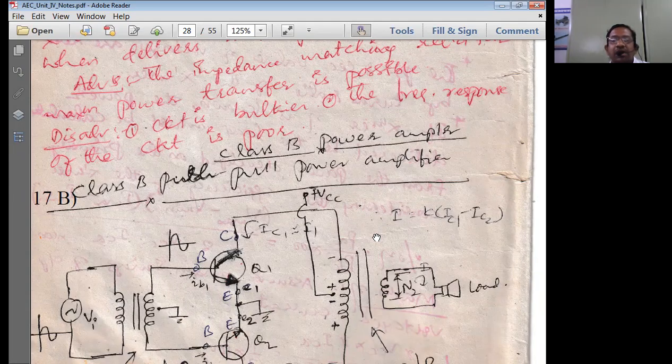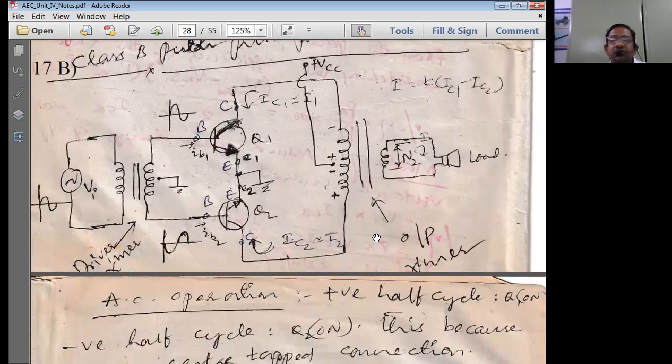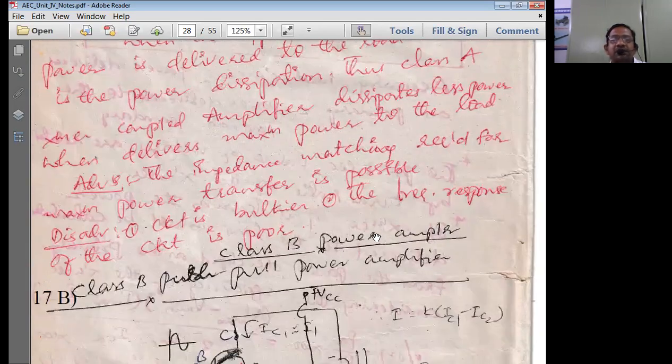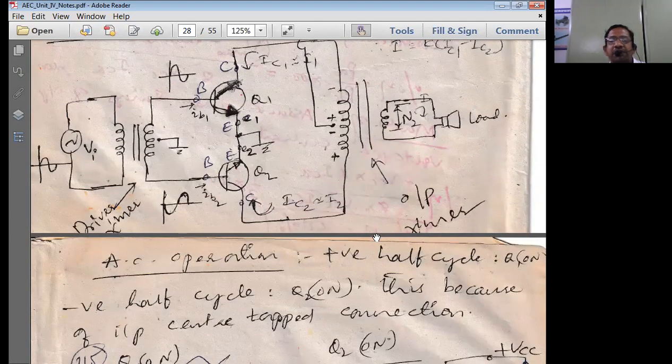And what are the drawbacks? The circuit is bulkier, because the transformer weight is going to be more than the electronic circuit. The frequency response of the circuit is poor because the transformer is involved. So these are the advantages and disadvantages of the transformer coupled class A power amplifier with respect to its counterpart, the direct fed class A power amplifier.